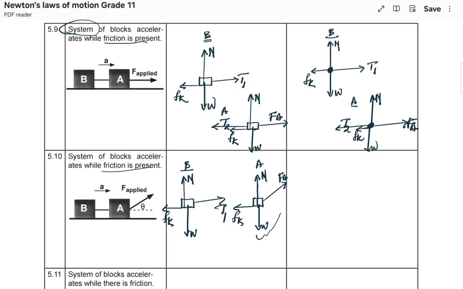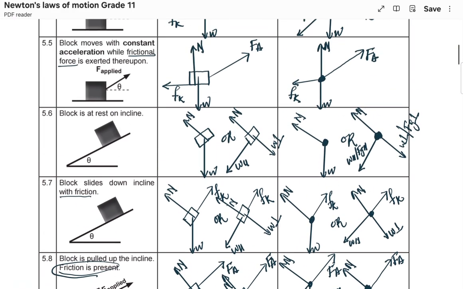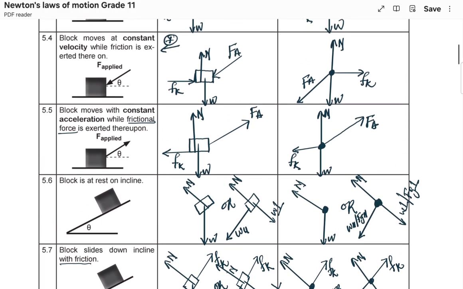So this one we can also work out as components of the forces. You'll refer to the top there. I didn't draw the components of the forces here, or you can have the components of the forces. So remember to have the components of the force.